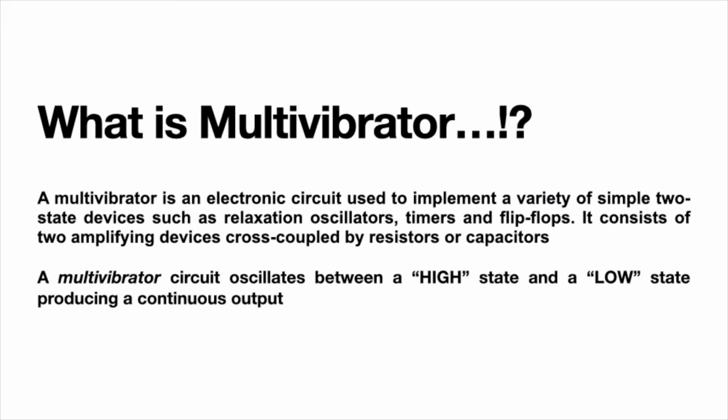First of all, what is a multivibrator? Listening to this word, you might wonder what a multivibrator is and why we call it a multivibrator. A multivibrator is an electronic circuit which is used to implement a variety of simple two-state devices such as oscillators, timers and flip-flops.